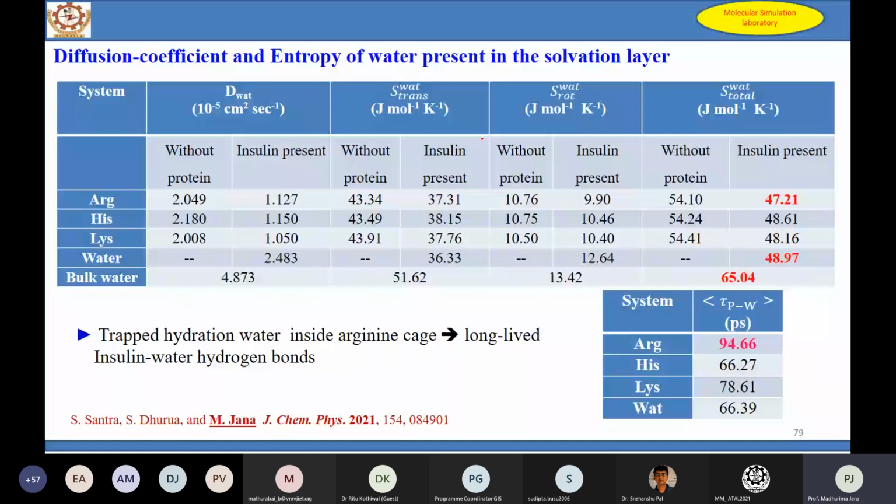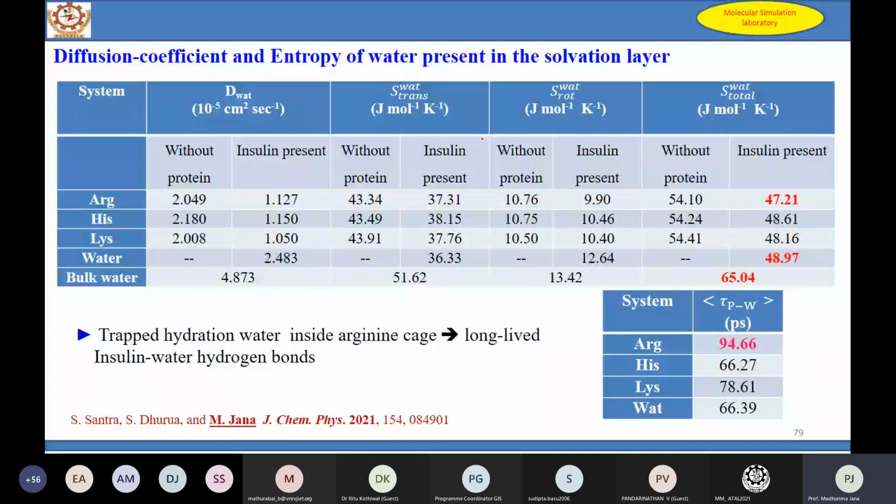Our calculation showed that arginine, among all, is the best amino acid which can stabilize the protein even at a higher temperature. That is the reason it is used widely in the protein formulation process.